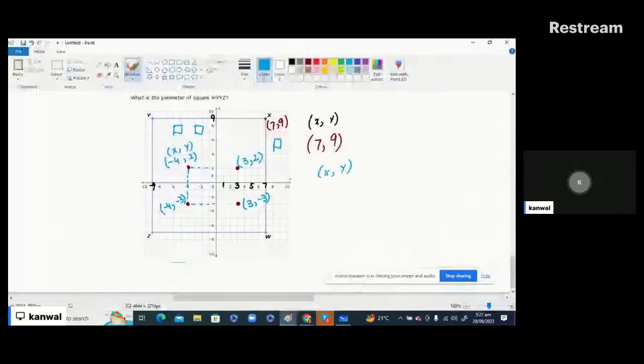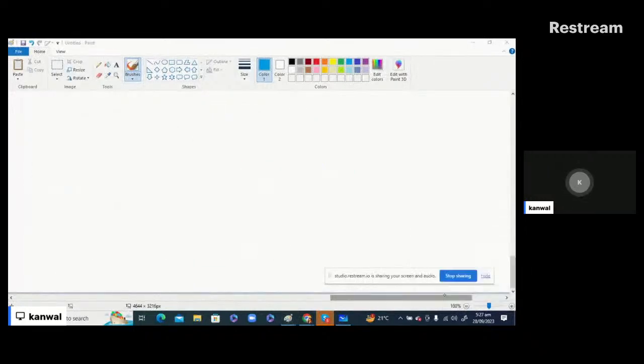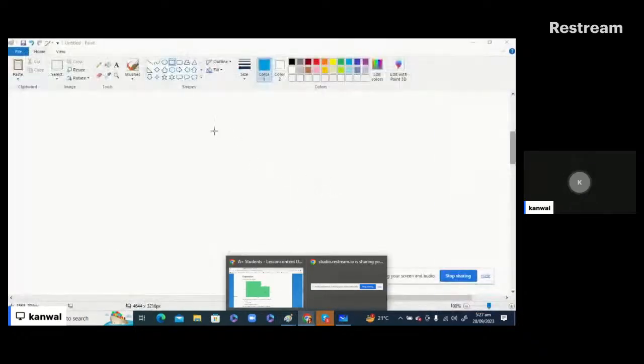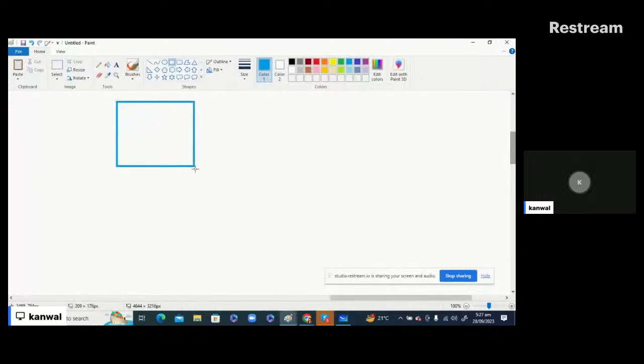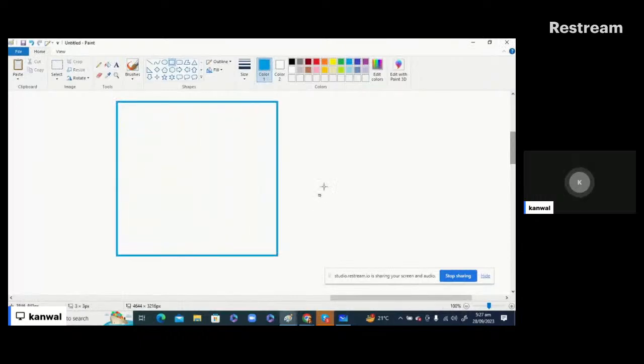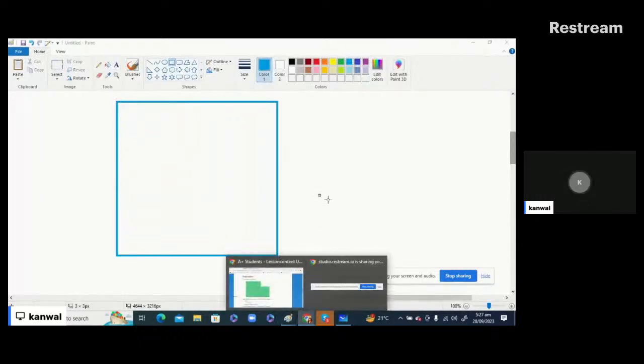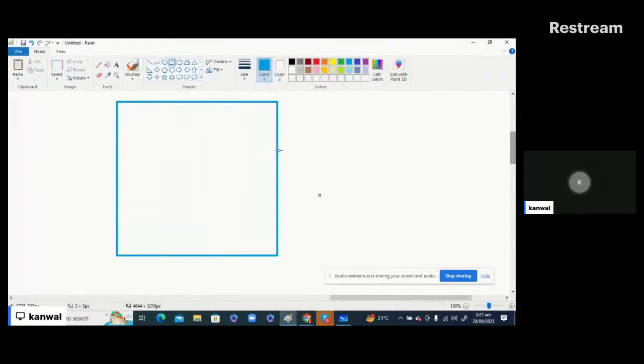Look, I'm going to draw the shape here, then we will completely describe this. The shape is just like this way, like here, and then, look, this is the complete shape.